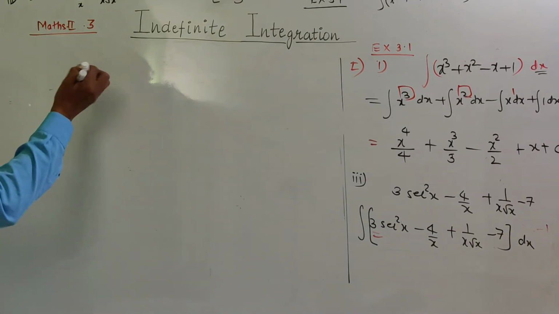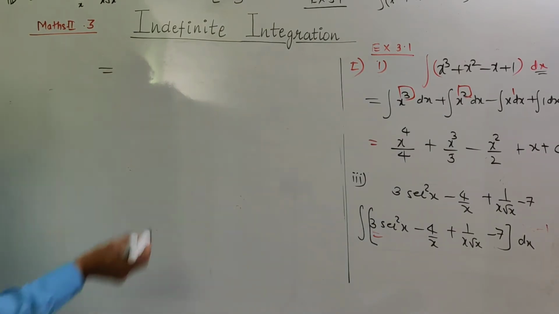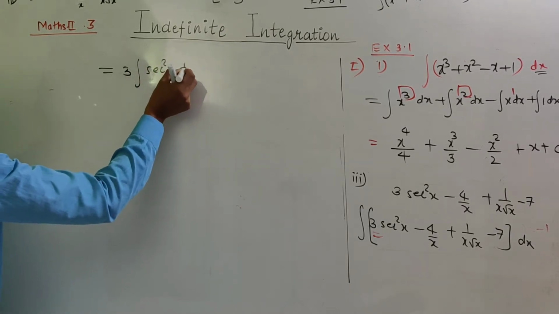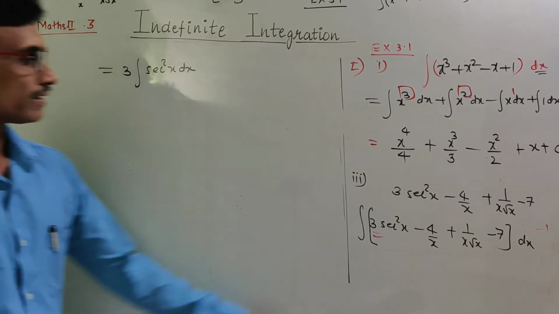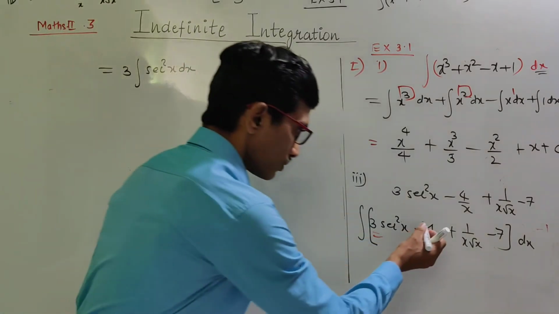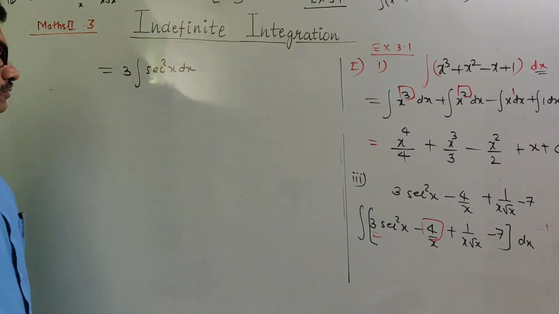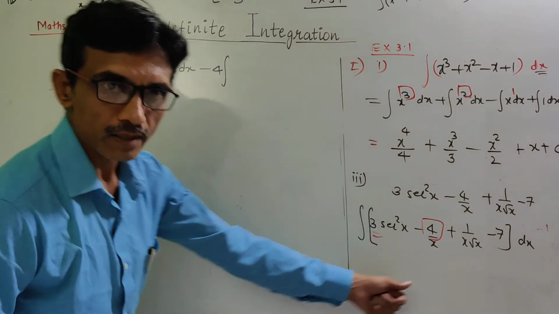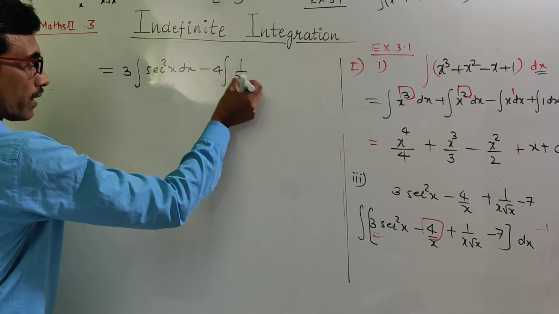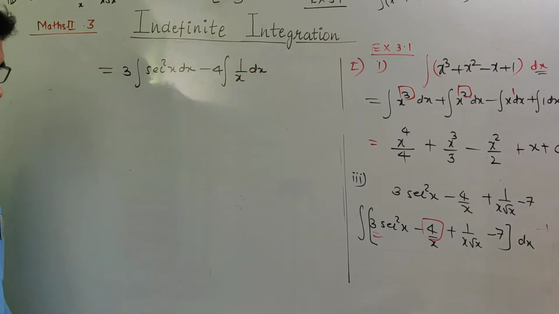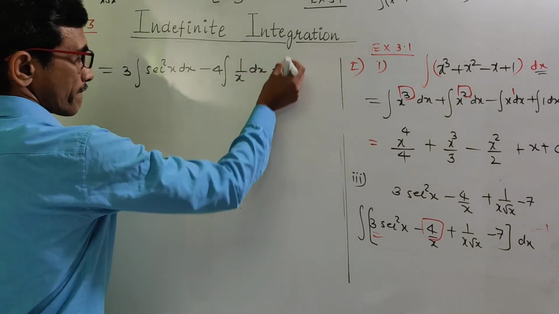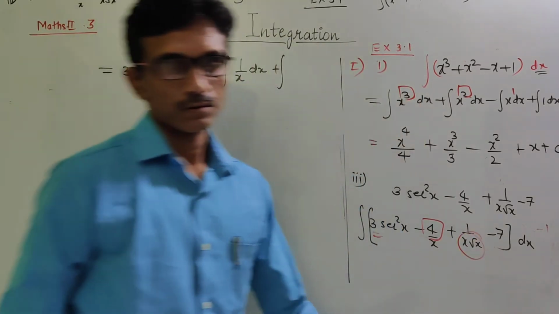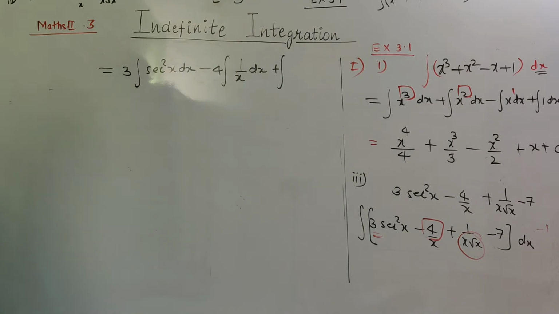So that is equal to 3 integration of sec square x dx. 4 is constant again, so minus 4 integration of 1 by x dx plus integration of this x root x, मतलब x raised to power 3 by 2.